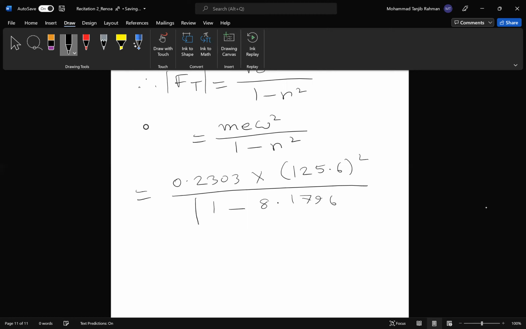So we're going to take the modulus here. It would be 506.3 Newton. This is our transmitted force.